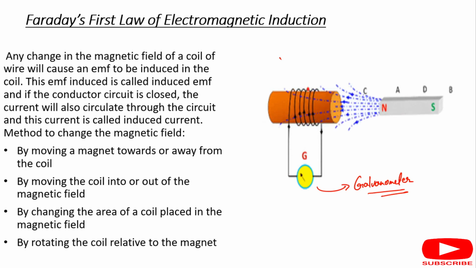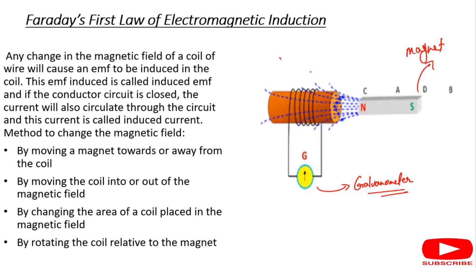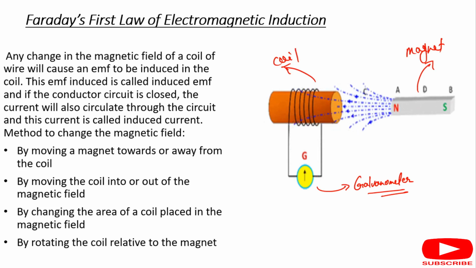Now in this experiment, Faraday takes a magnet and a coil and connects a galvanometer across the coil.